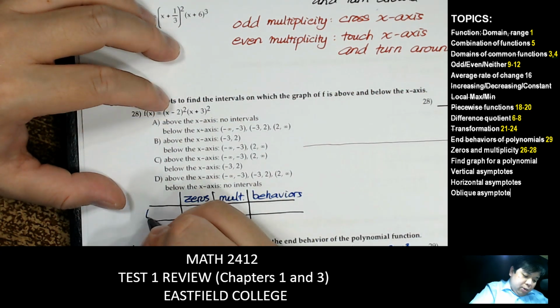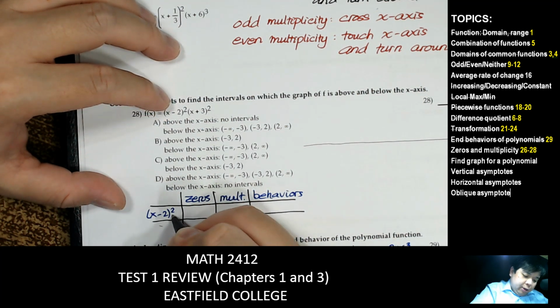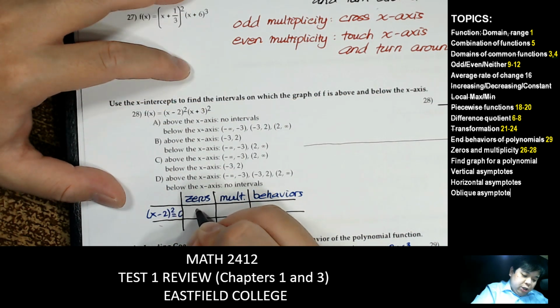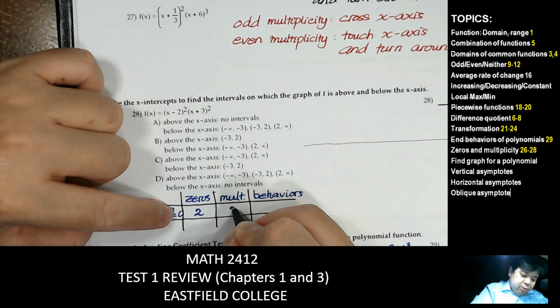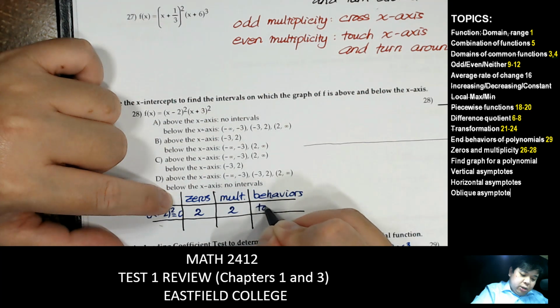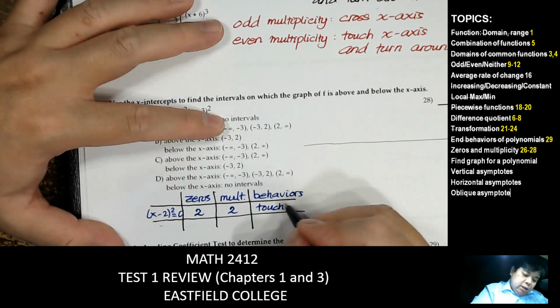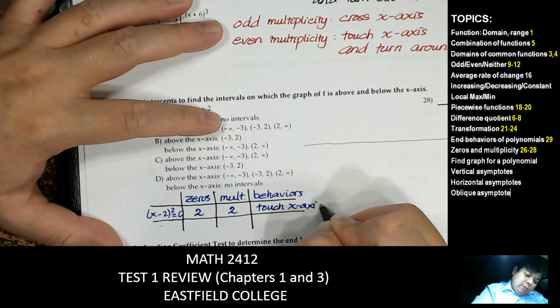So x minus 2 squared equal to 0, so x is equal to 2, multiplicity of 2, and it will touch the x-axis and turn around.